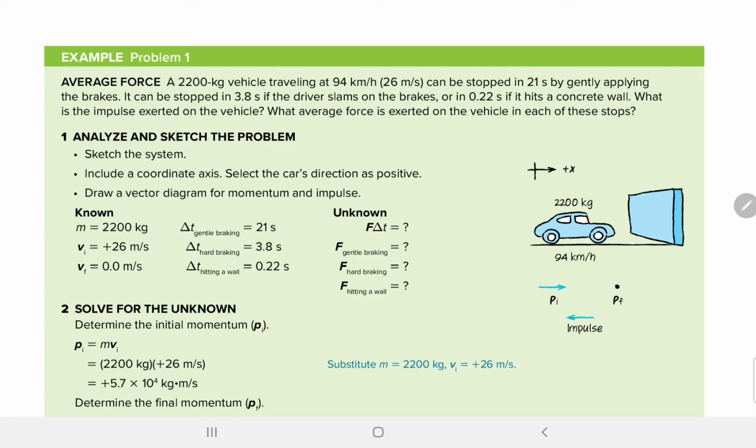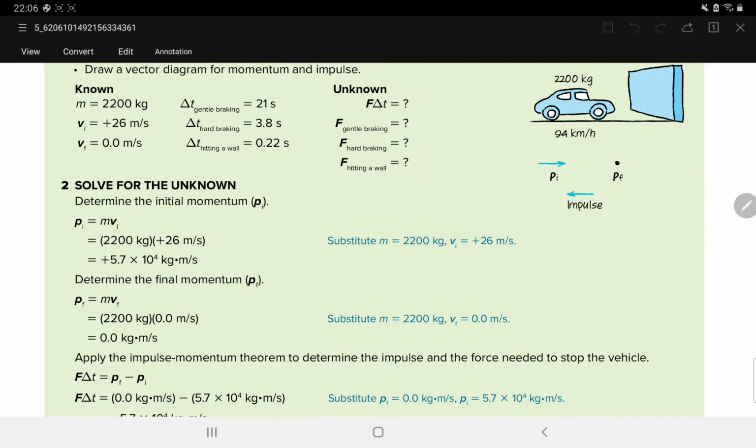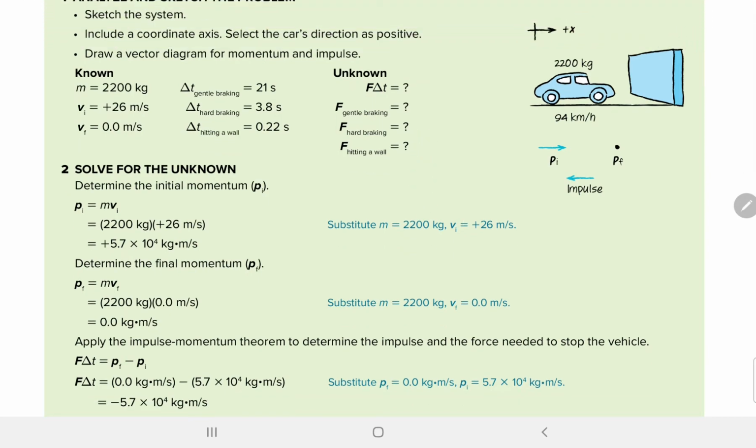He needs us to calculate the impulse exerted on the vehicle, and after that the average force exerted on the vehicle. So the first one, what is the impulse? We know that the impulse, which is F delta t, is equal to p final minus p initial.